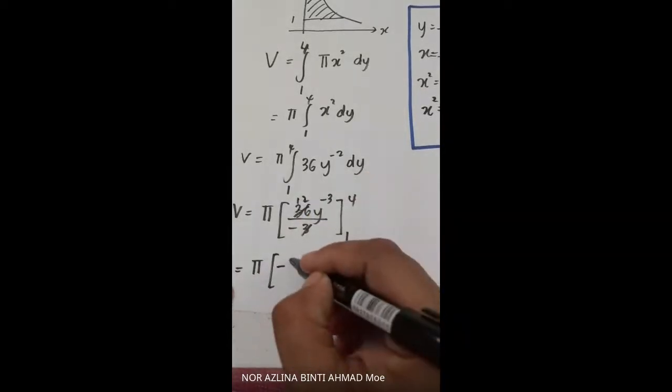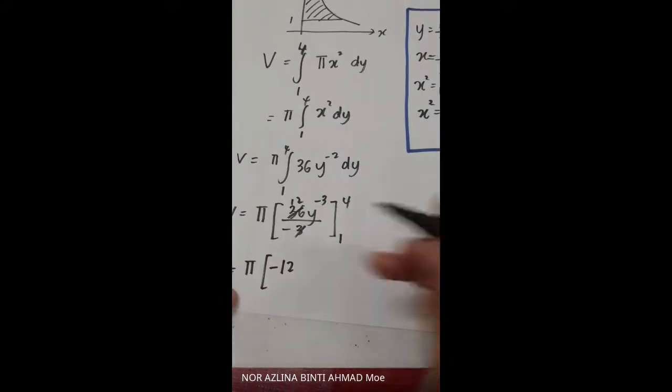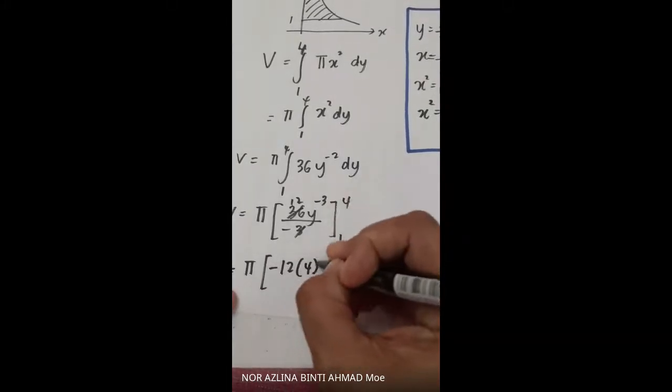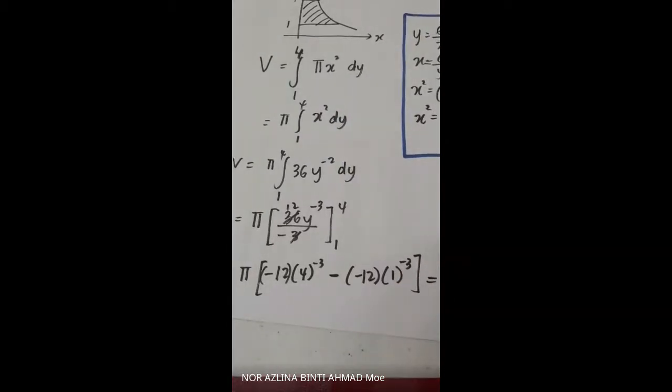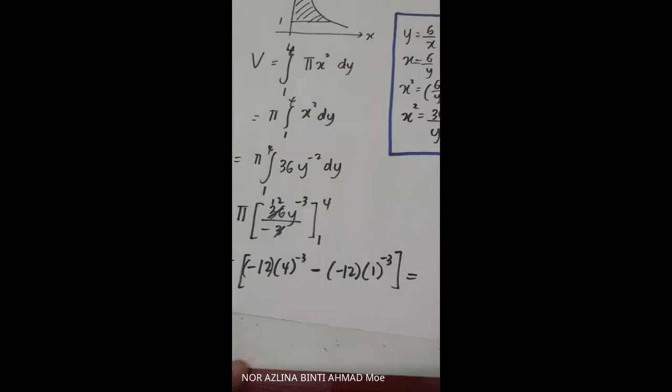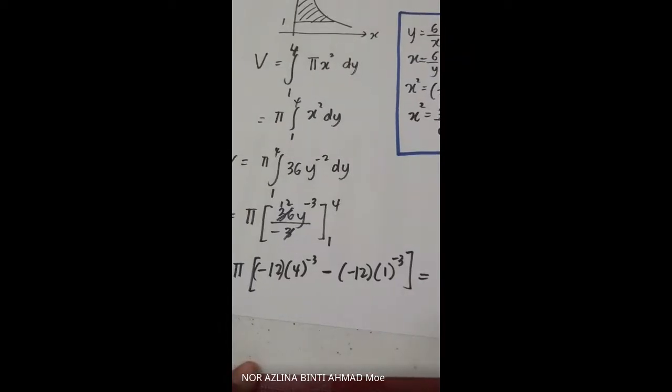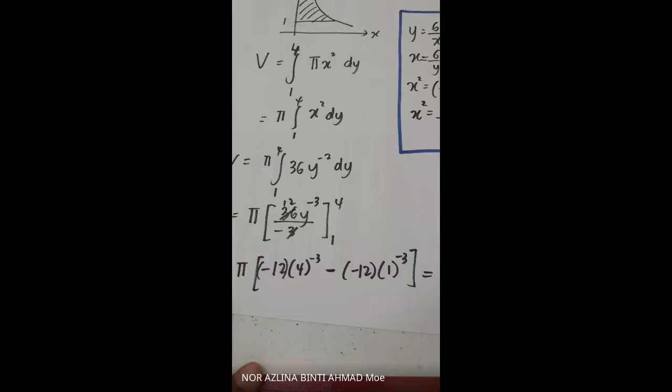This is negative 12. Okay, negative 12. y is 4 to the power of negative 3, minus, minus negative 12, y is 1 to the power of negative 3. So final answer, you will get... Oh, saya salah ni.